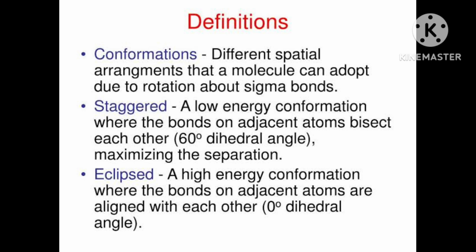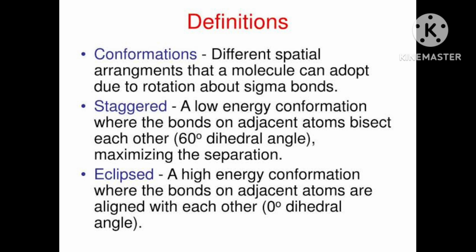Very small, and even at ordinary temperature, the ethane molecules gain enough kinetic energy to overcome this energy barrier of 12.5 kilojoule per mole through intermolecular collisions. Because if you heat, then what will happen? Collisions will increase.